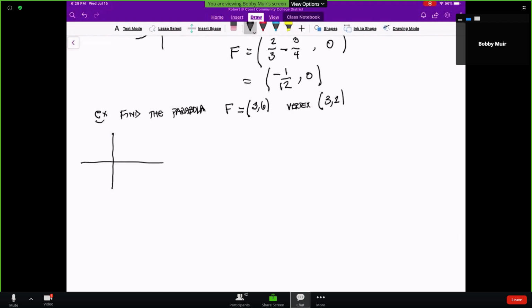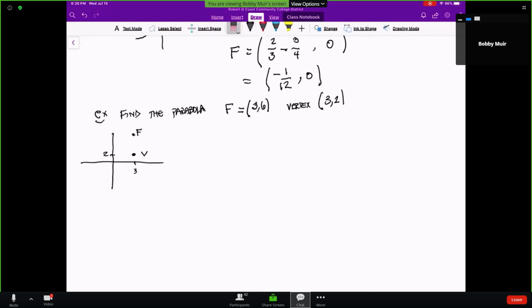The vertex is at (3, 2). So here's, let's say, 3, and here's 2. That's where the vertex is, and the focus is up here. So now we know that we are dealing with an up and down parabola that opens up.